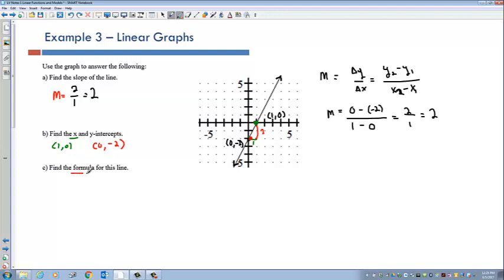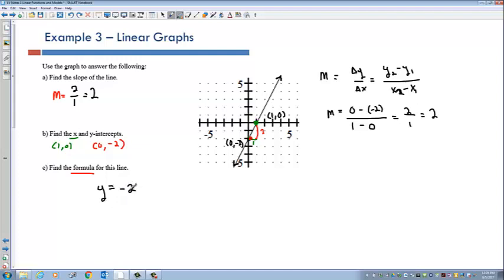And then to find the formula for this line, I can use my intuition to try to understand what the formula would be. And in a minute, I'll give you a way to find the formula using y equals mx plus b. But intuitively, the idea is my output is equal to, well, at 0, you start at -2. So I'm going to start at -2. Remember, the idea of a linear function is you have a constant rate of change.